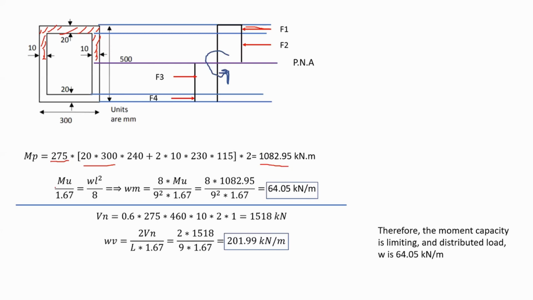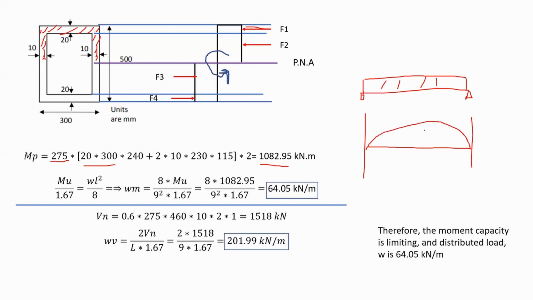Now, from the plastic moment, the capacity of the member, I can find the ultimate moment that the member can take. When you think about a case like this, a simply supported beam, you have a distributed load, and you draw the moment diagram, the moment diagram would look something like this, where the M max is going to be equal to WL squared over 8 kilonewton meters.